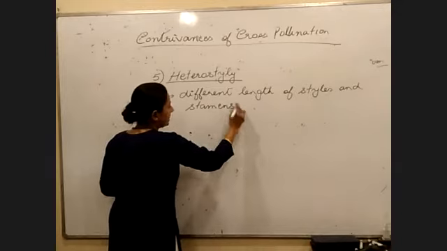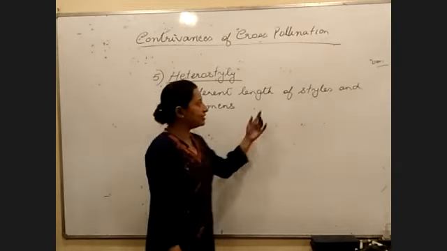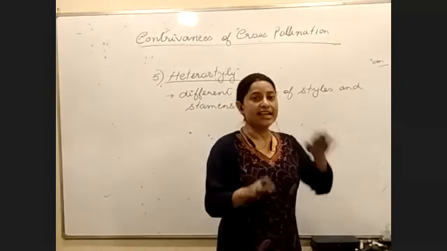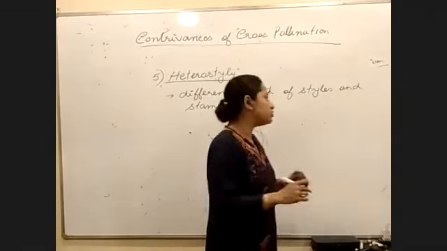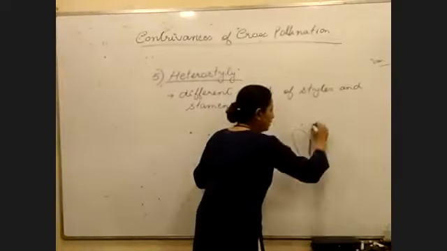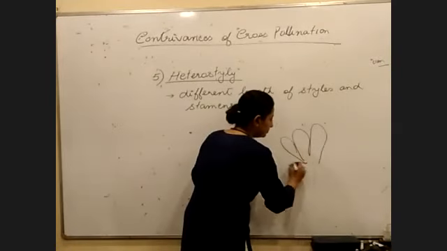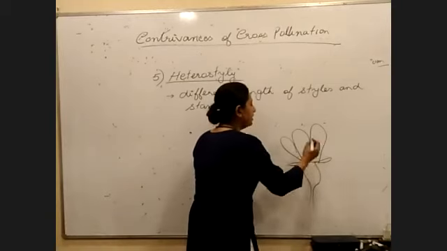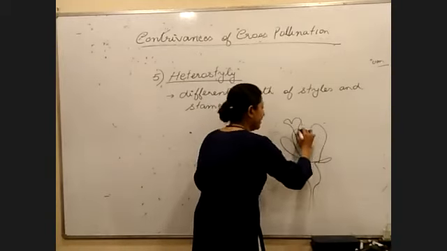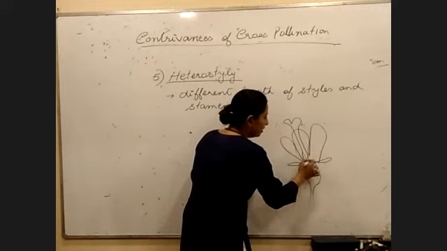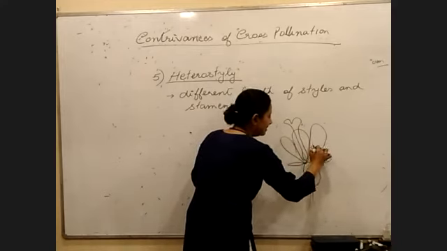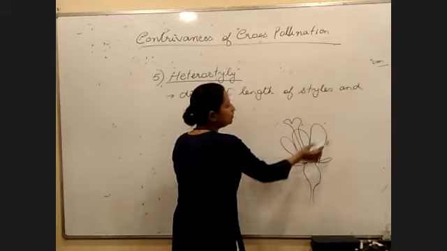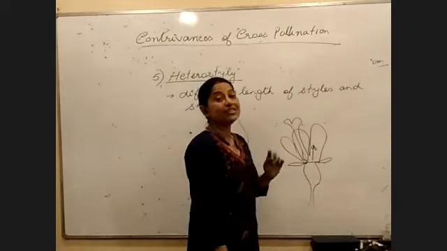So if self-pollination has to occur, then the length should also be in a proper position, or the length should be the same. Suppose we are talking about a flower in which the stigma is high above and the anther is here. For the pollen to go from here to reach here is not easy.